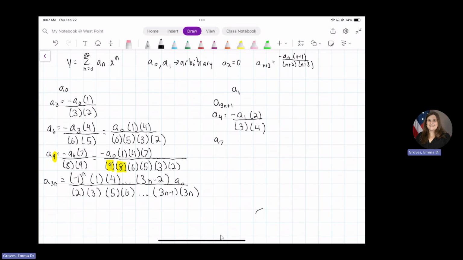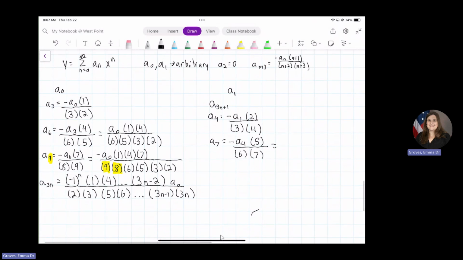Then a7 is going to be negative a4 now times 5 over 6 times 7. But if I substitute in my a4, I'm going to get a1 times 2 times 5 over 3, 4, 6, 7.